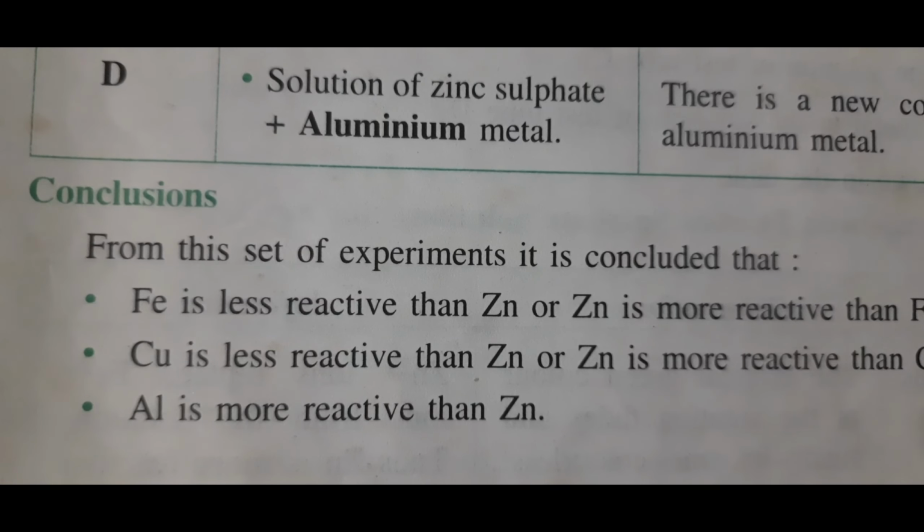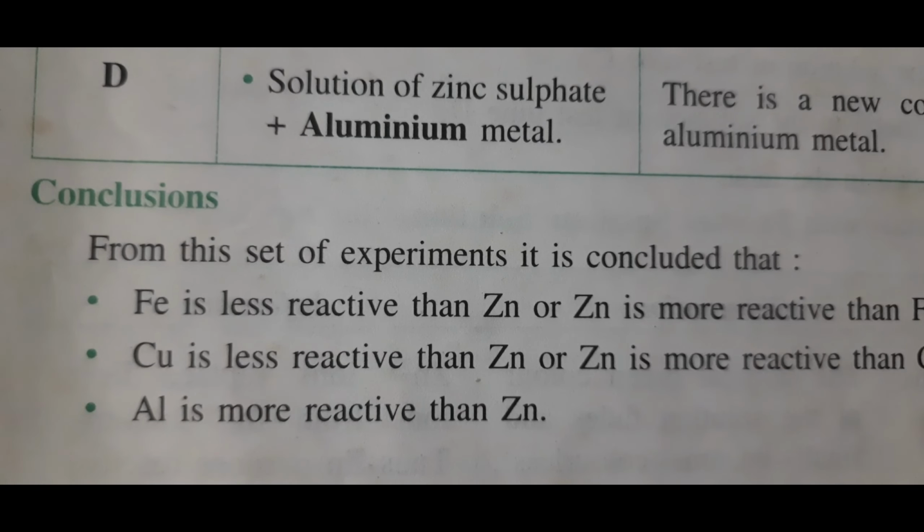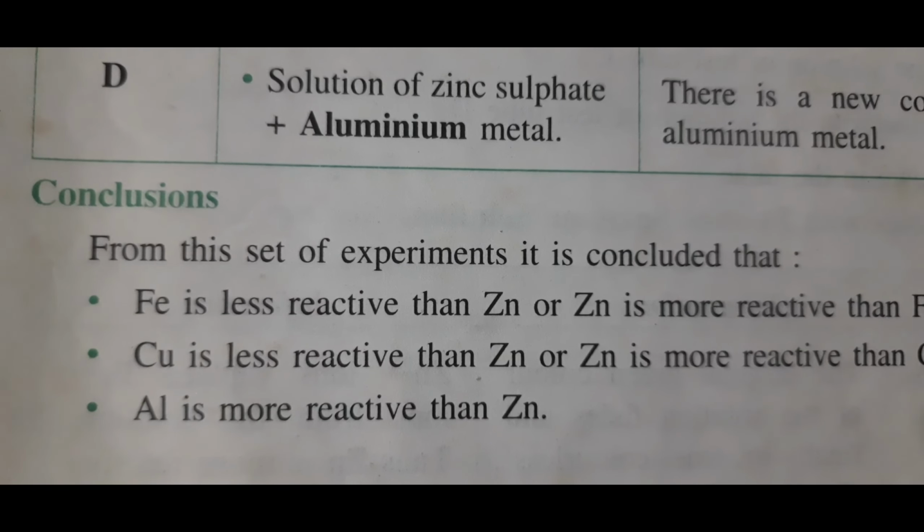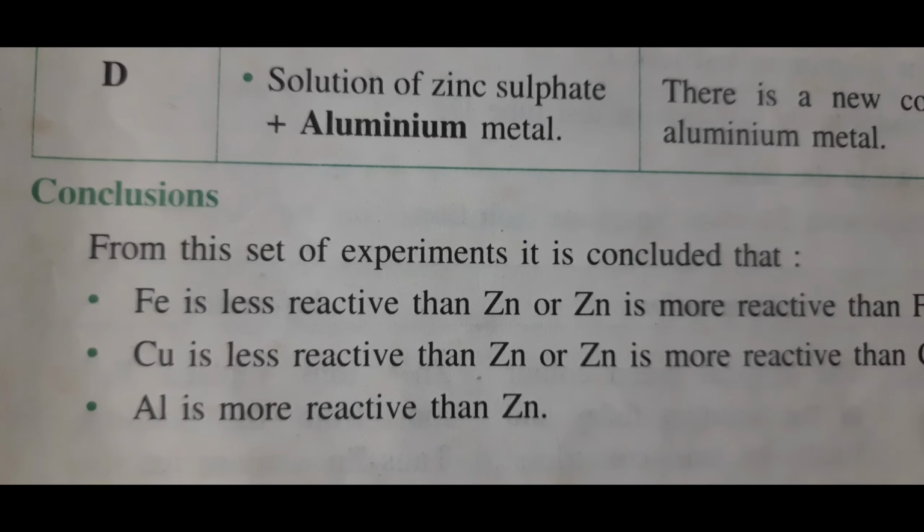And second point, copper is less reactive than zinc, or else you can write zinc is more reactive than copper, same thing. But the third one is a little bit different, because aluminium is more reactive than zinc. That's why we got a new coat on the aluminium metal when it was dipped in zinc sulfate, because aluminium is more reactive than zinc.